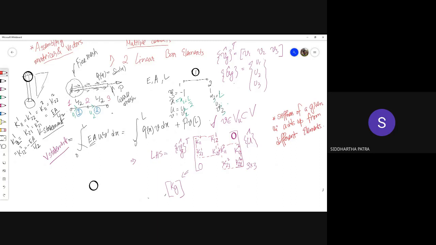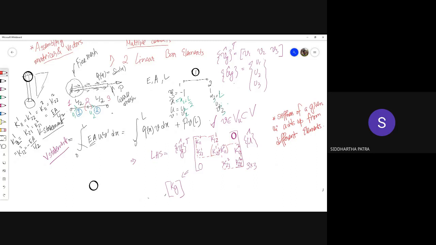Now for 1D problems, okay, the two elements share only one node. What I mean by that is that there is only one term, one diagonal term, which is seeing any change. That's where the adding occurs.